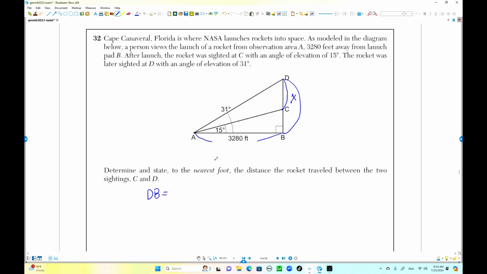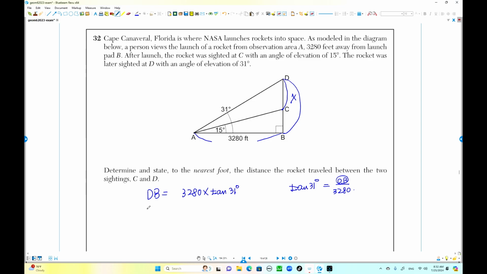Using 31 degrees: tangent 31 equals opposite DB over adjacent 3280. So DB equals 3280 times tangent 31.